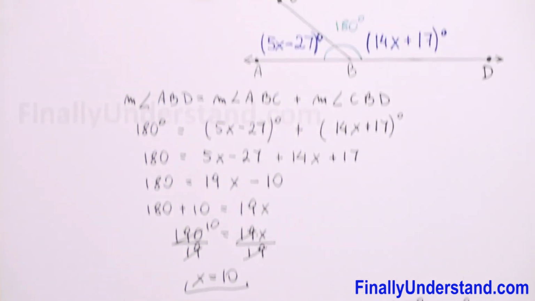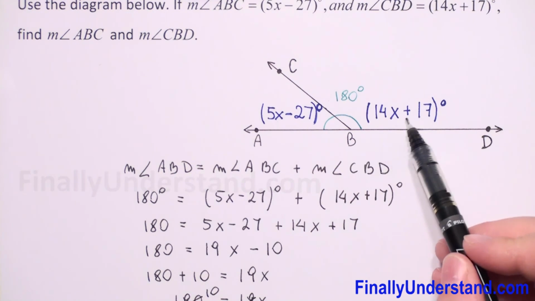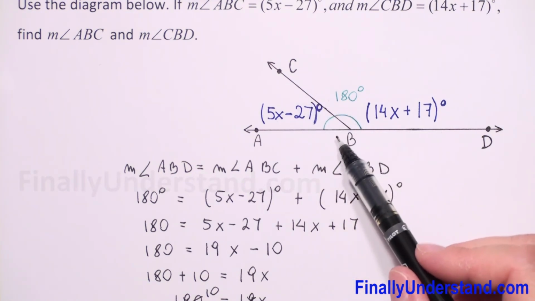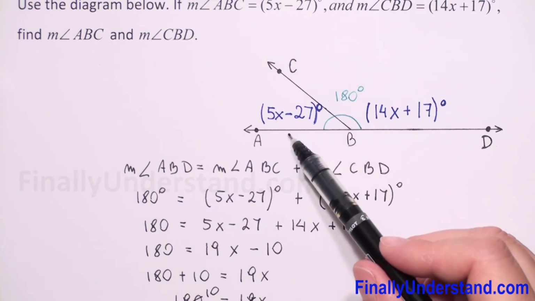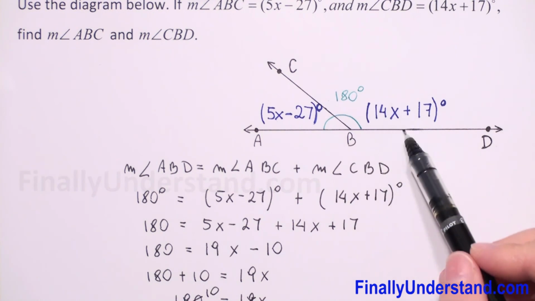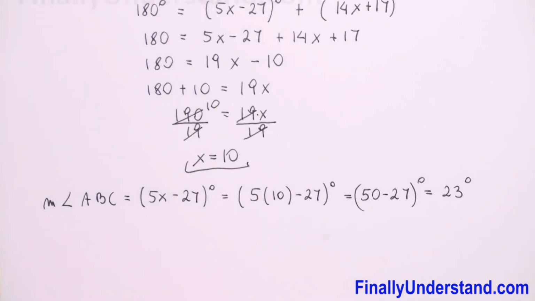Like I said, you can substitute x in the second expression to find angle CBD, or you can subtract this 23 degrees from 180, and we will have this obtuse angle. So let's use the second method.